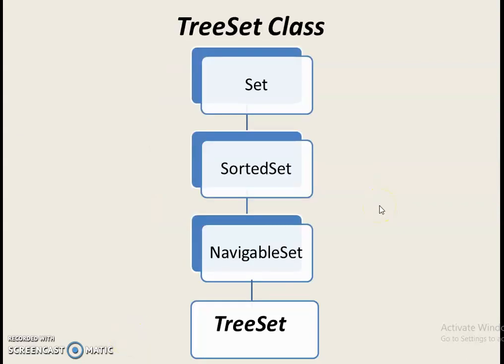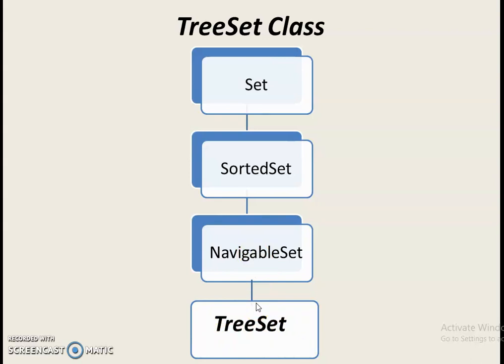So far we have seen the interfaces: Set is extended by SortedSet, and this is extended by NavigableSet. These three are interfaces. As we know, we cannot create an object of an interface, so for implementation we need a class. Here we have the TreeSet class that implements NavigableSet.